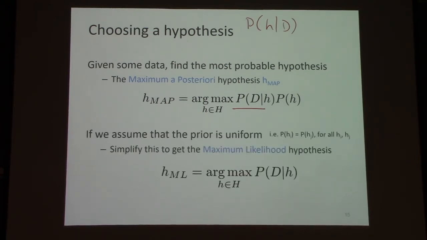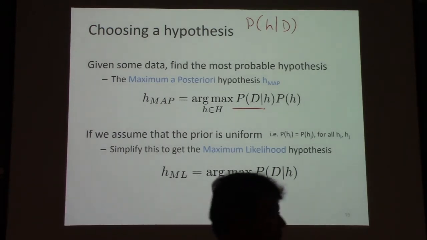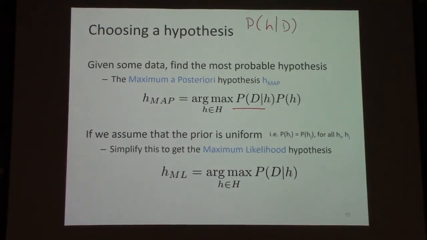But before that, suppose you do not have any prior knowledge. Suppose you don't have any preference about one hypothesis or the other. In other words, suppose you assume that the probability of H is the same across all hypotheses, because you are letting the data do the entire job, you are not bringing in any prior knowledge.